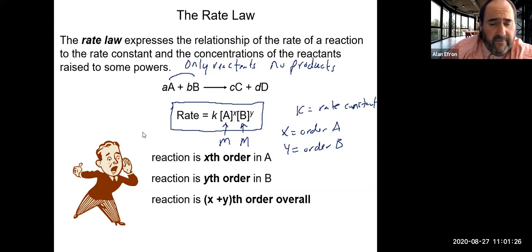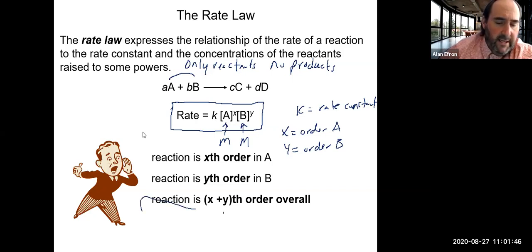So for example, if A was 1 and B was 2, you need almost twice the amount of B there to maintain the rate that's going on than you do A.